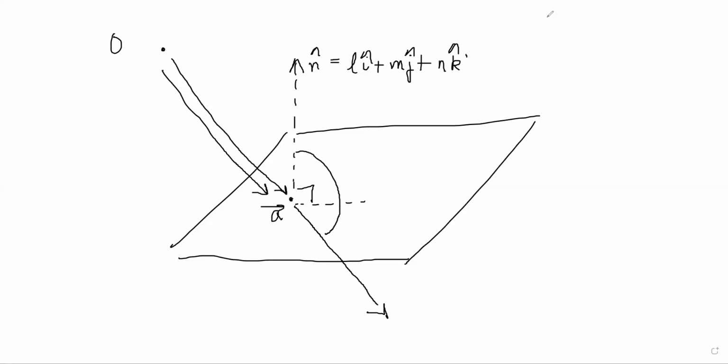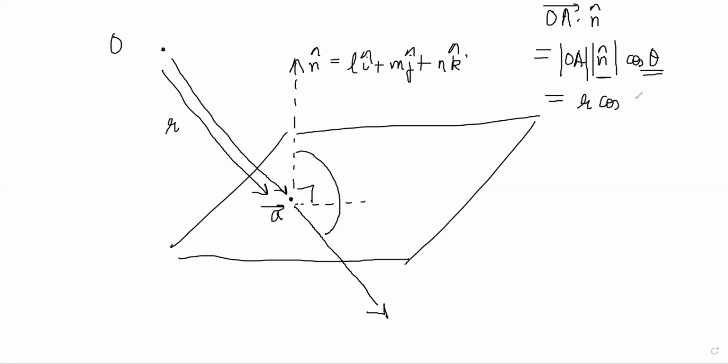OA dot n cap is going to be mod OA mod n cap cos theta, where theta is the angle between the two lines. So mod OA is this distance r, and mod n cap is 1. So it is r cos theta, where theta is the angle between the A vector and the n vector. In this case we are getting an angle which is bigger than 90.